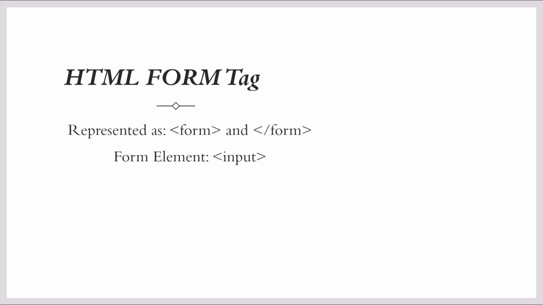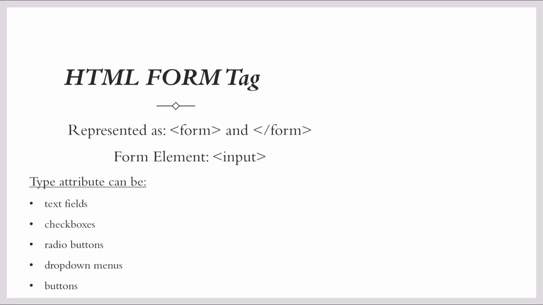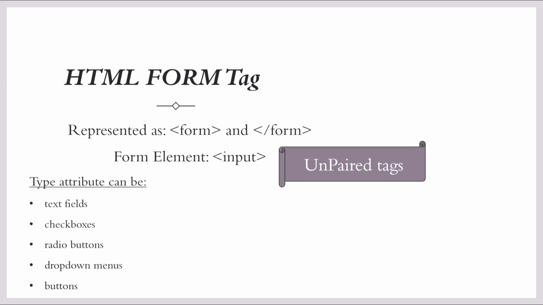Within the form element, we include different types of input elements such as text fields, checkboxes, radio buttons, drop-down menus, and buttons. Input element is an unpaired tag, means no closing tag required for that. But observe, the form tag is a paired tag.